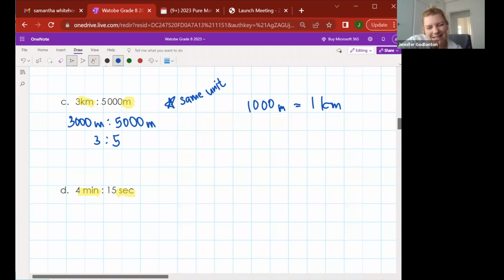Just think about how many seconds are in a minute. But that can also sometimes be a trap.